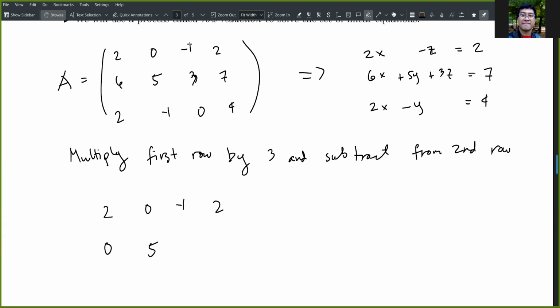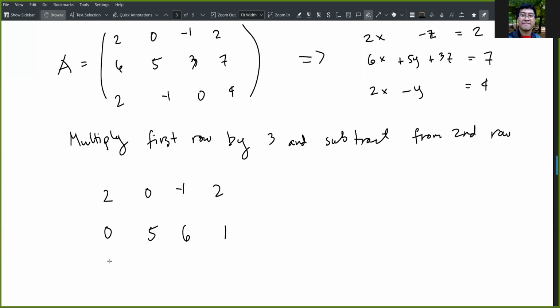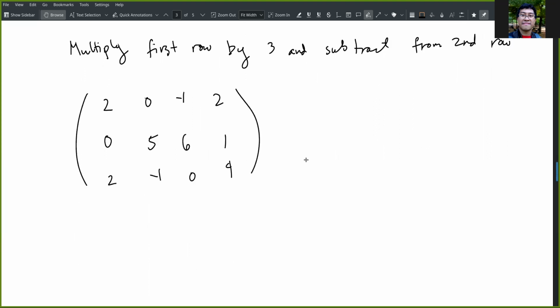So multiply this by 3, it's negative 3. 3 minus negative 3, that's 6. 7 minus 2 times 3 is 6, so that's 1. Then 2, minus 1, 0, and 4. Okay, this is a reduced version, but this is not the completely reduced form that we want.